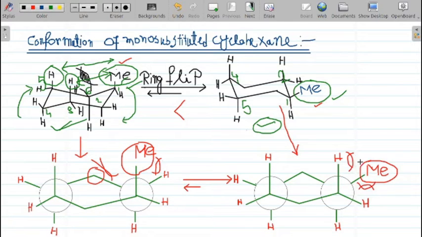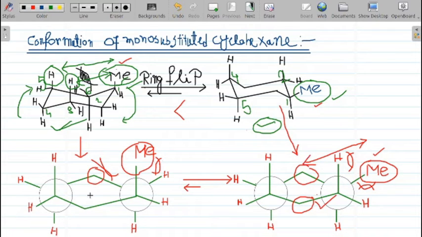There will be two gauche interactions between the two hydrogens and methyl, but you can see that this methyl is anti to this CH2 group, and it is far away from this CH2 group.